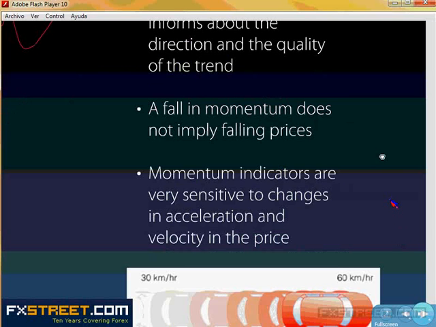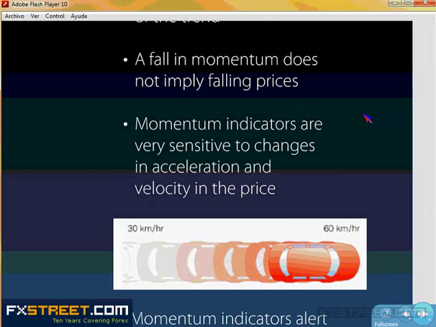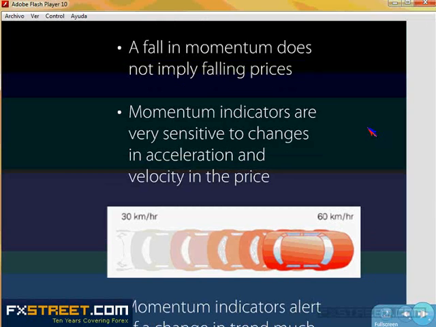So momentum indicators are very sensitive to changes in acceleration and velocity in the price. And acceleration and velocity are two of the characteristics that make momentum indicators so special. Here we have, for instance, an illustration with a car accelerating from 30 km to 60 km.